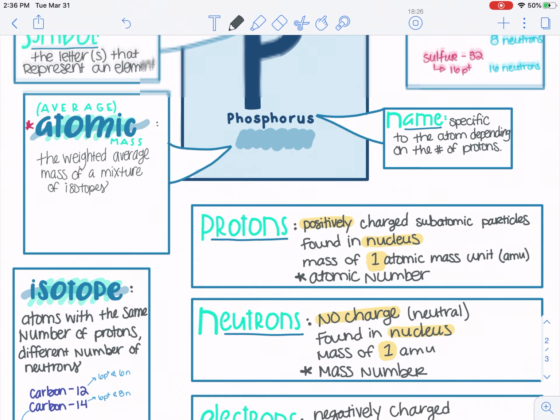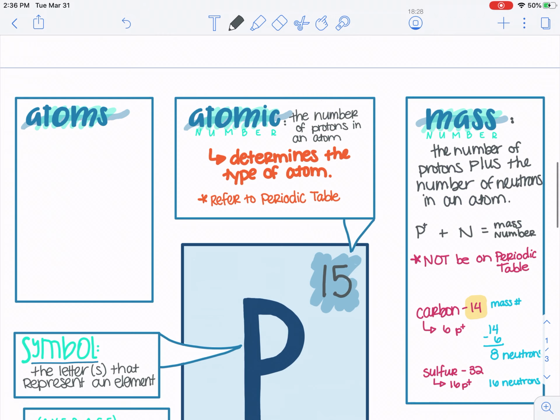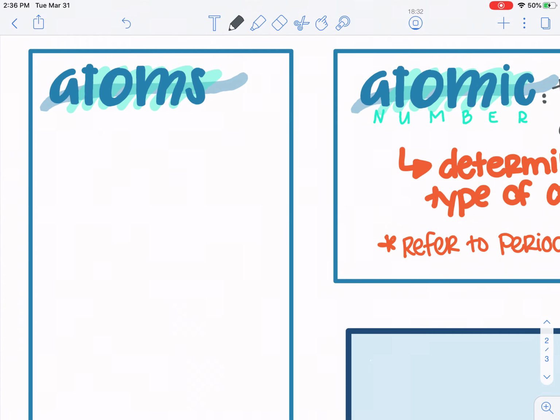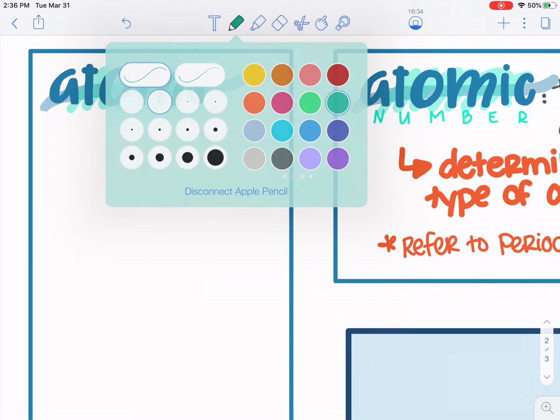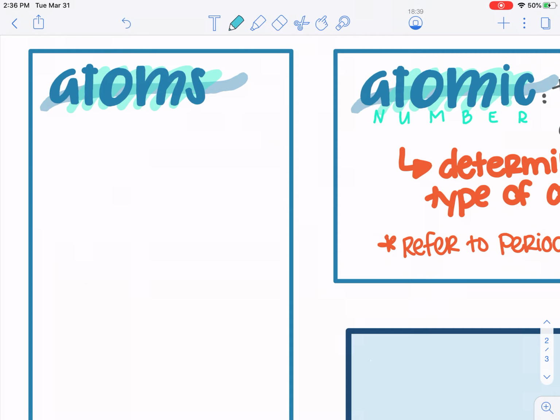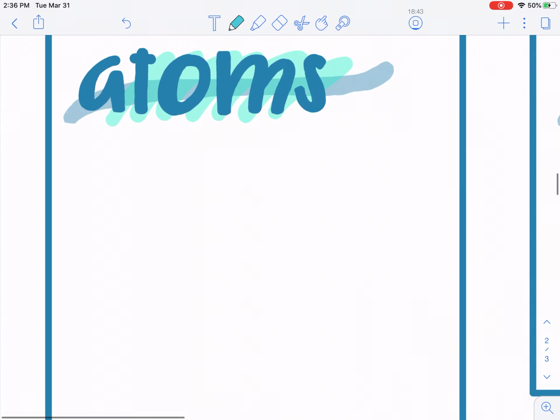Okay. The box up here that's all about atoms, we are going to do a couple examples of what you will be doing on your homework. Your homework for this lesson gives you an isotope.